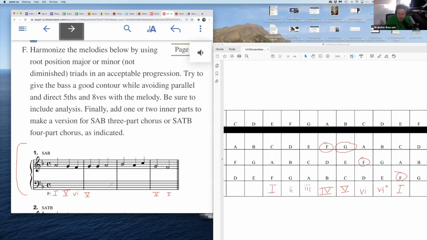Well, we can't go 6 with this note, because it's a G and my 6 chord notes are D, F, A. Oh, I'm sorry. Okay. So we can go 1, 5, 6, 5.